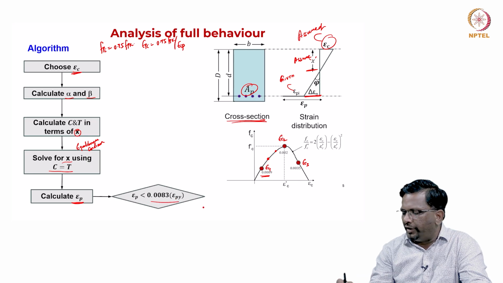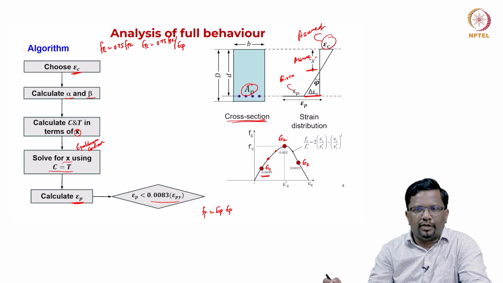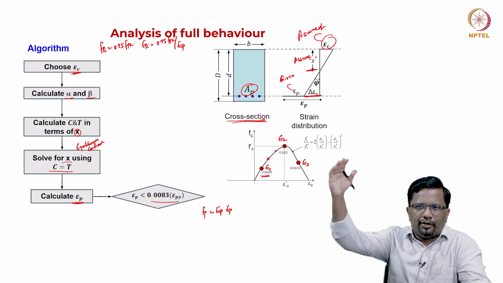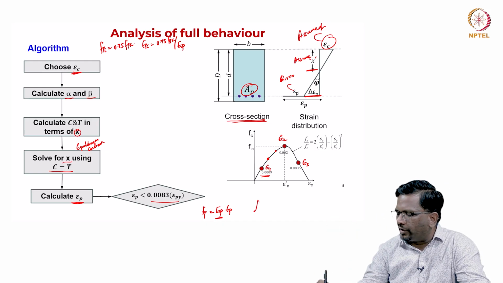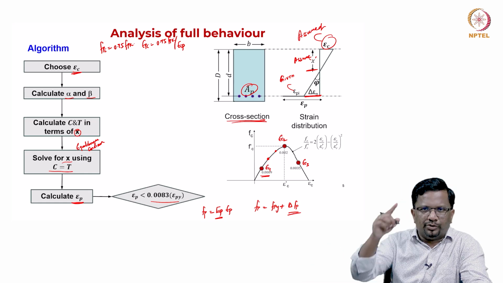If it is less than yield, we know that the stress Fp is going to be Ep times epsilon p, just a linear relationship. Otherwise, I have to use the bilinear curve. The slope here will not be Ep, but some fraction, and I have to calculate Fp as Fpy plus some delta Fp. So, that we have to calculate using the bilinear curve.